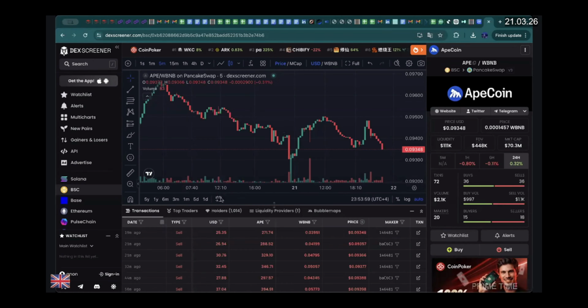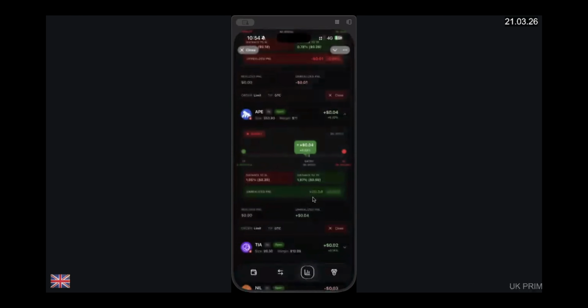See, we have made 0.04, that is 0.32% out of 1.67% while monitoring, and still it is going.